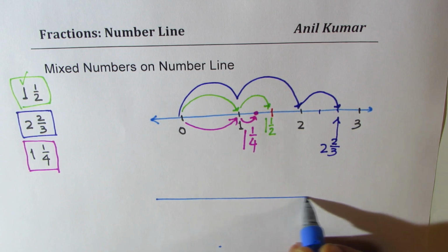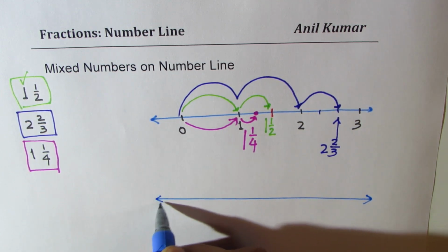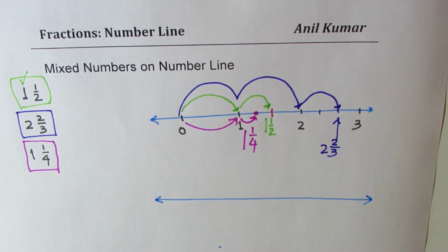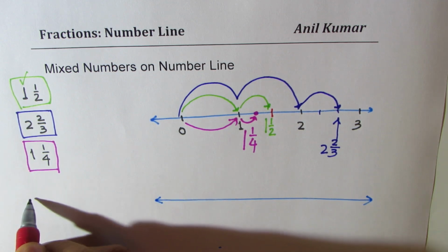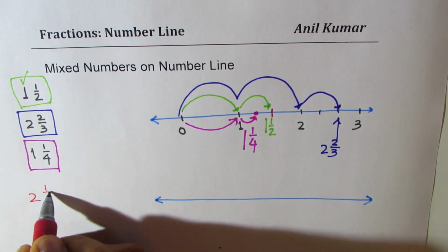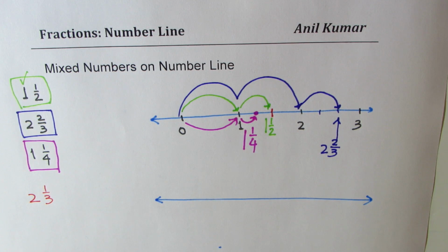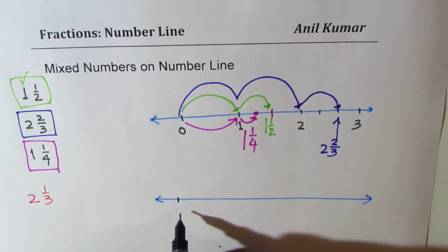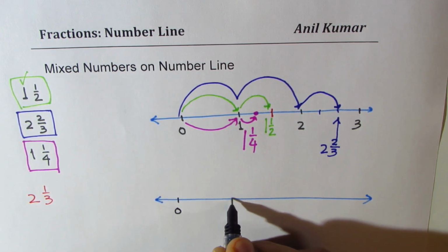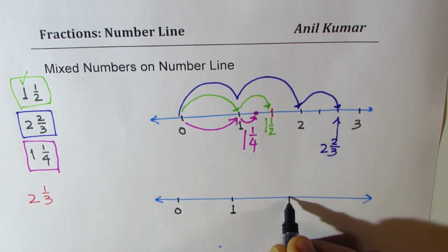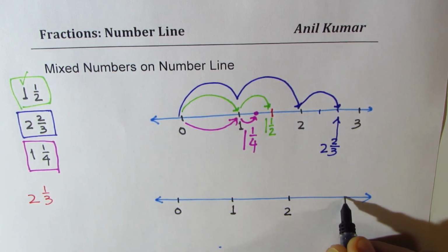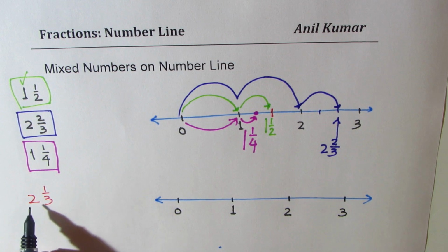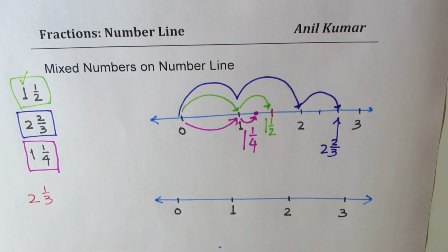Now let's take another example to consolidate our learning. This time we'll take numbers like 2, 1 over 3. So let's begin with 2, 1 over 3. So let's say this is 0 for us. 1, 2, and 3. So how should I get 2, 1 over 3 on this number line?